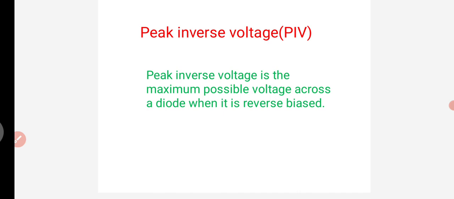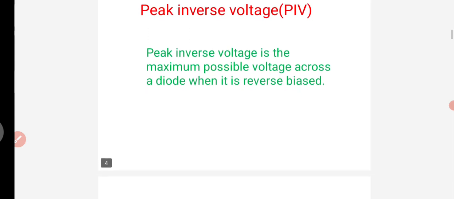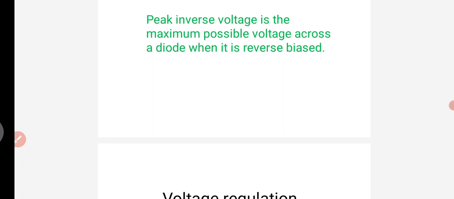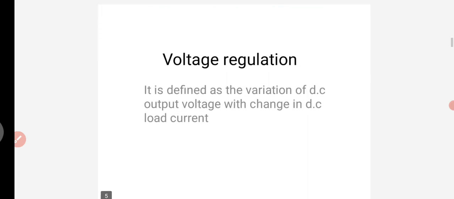That means when the diode is connected in reverse bias, the maximum voltage across it is called the peak inverse voltage.